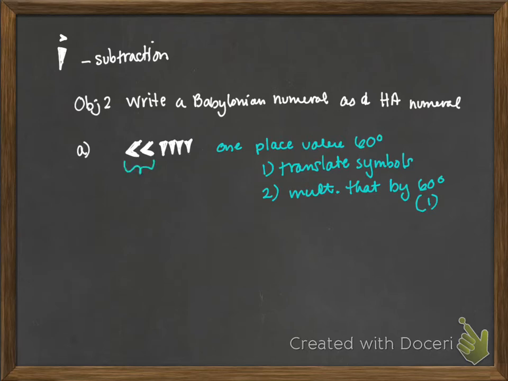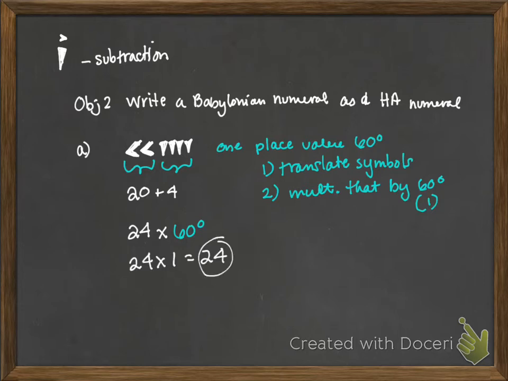We have 2 boomerangs, so I know those were 10 apiece, so that gives me 20. And then I have 4 spikes. Remember, each spike is worth 1, so that's 4. So the translation of that is 24. Now I multiply that by the base, which is 60 to the 0. So 24 times 1 equals just 24.